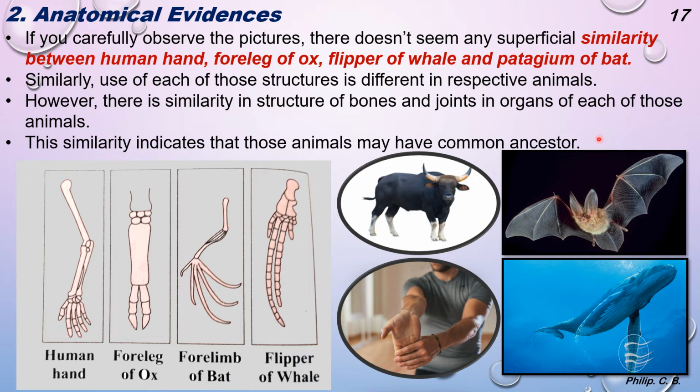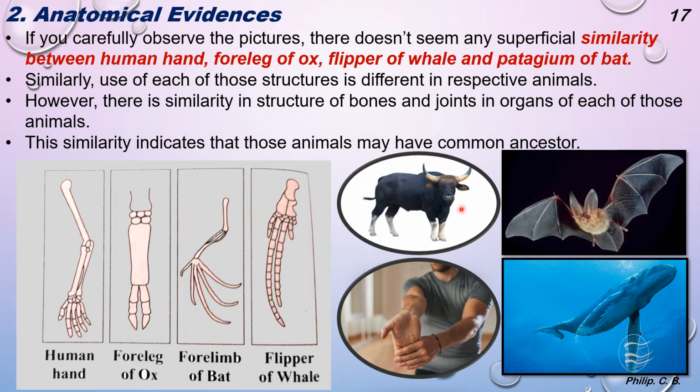What is this patagium? Students, if you see the wings part, the extended wing part present is nothing but the patagium. So if you see the images externally, they are different, but the internal anatomy is almost similar. Similarly, the use of each of the structures is different in respective animals.